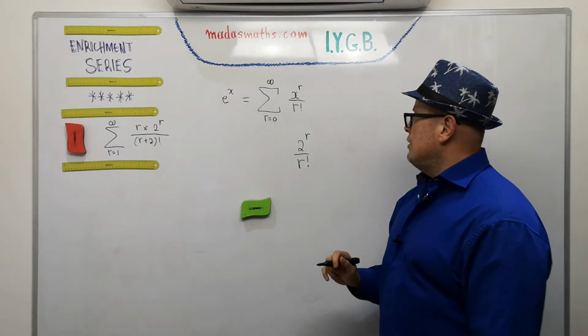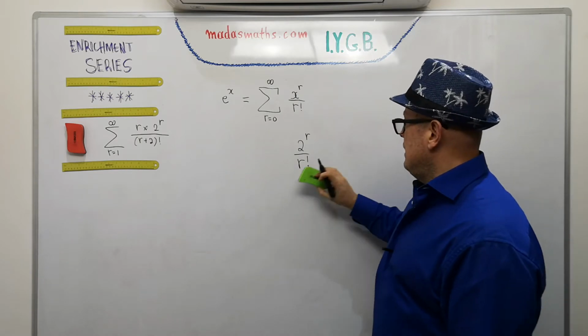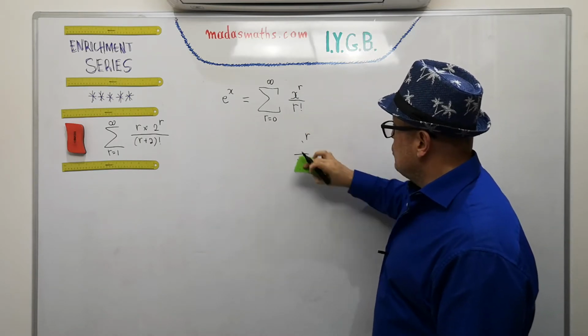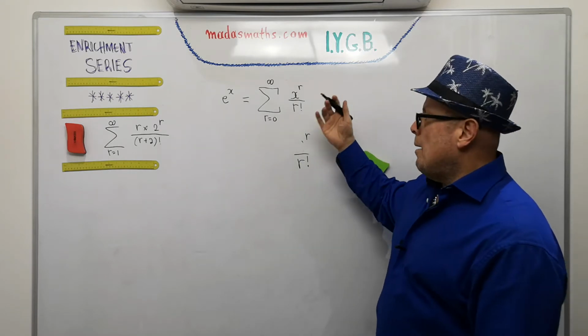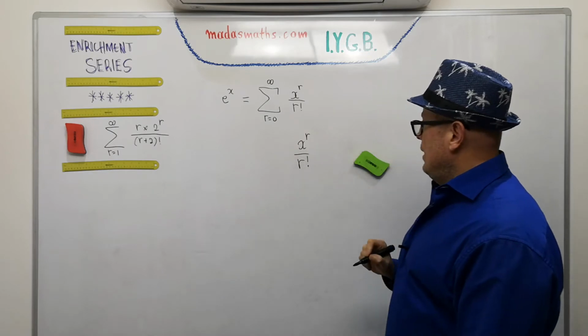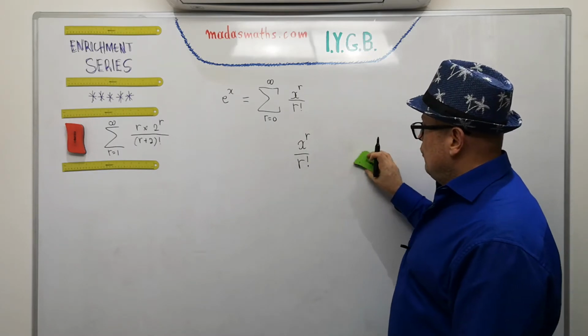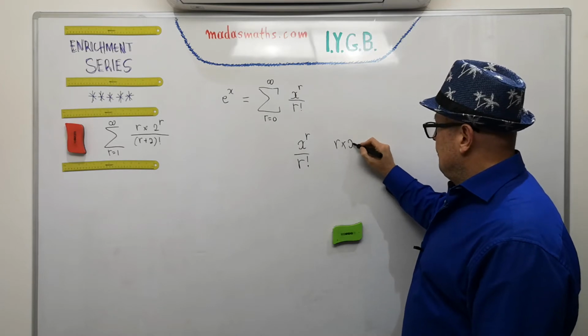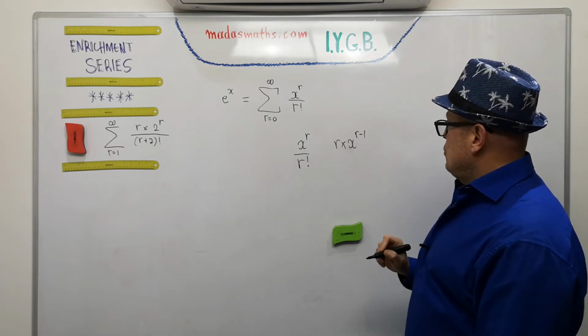I can get it from differentiation. If I differentiate this quantity, let's put an x in there, because the x is equal to 2. I'll probably put it at the very last stage. But suppose I had an x to the r in there, and I differentiate that with respect to x, I will get an r times x to the r minus 1.